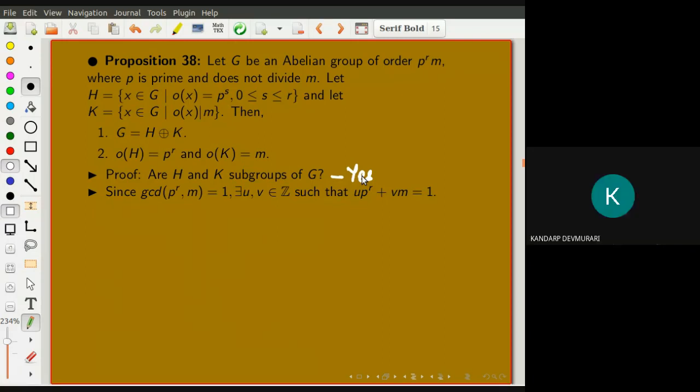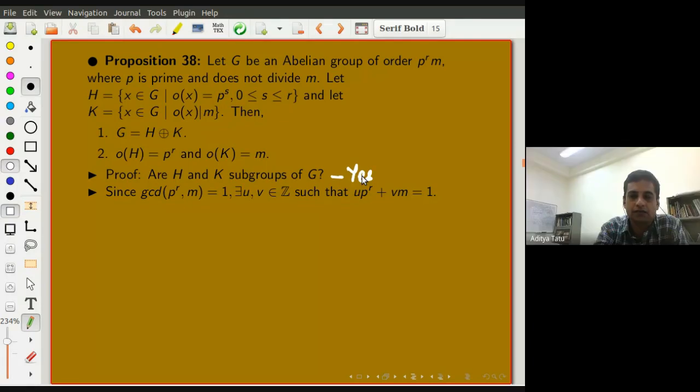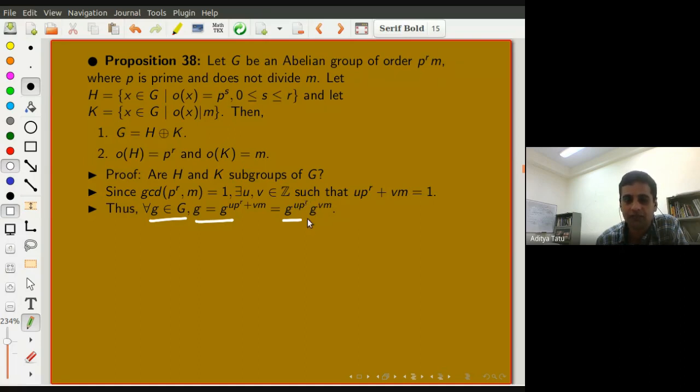Yes or no? Yes, sir. Right. So then it's easy to see that for every element G of my group G, G raised to the power 1 is G itself. So G can also be written as a product of G to the power UP to the power R, sorry, to be technically correct, into G to the power VM.